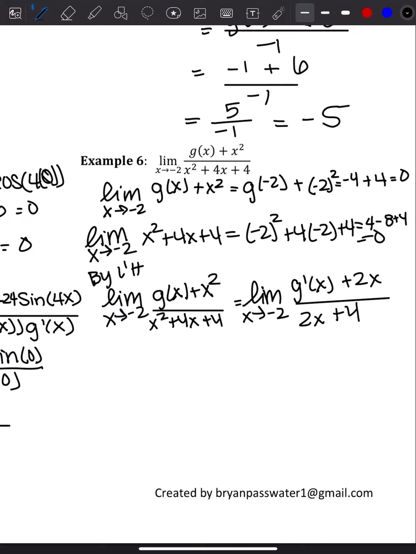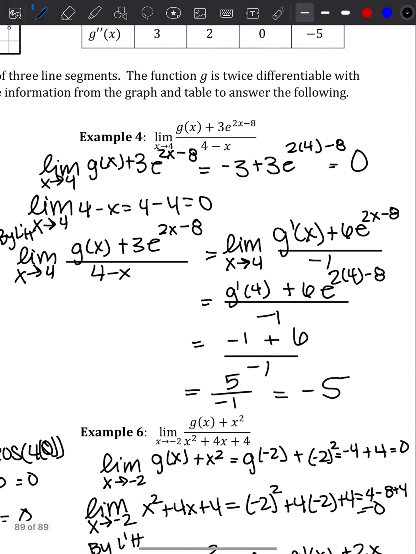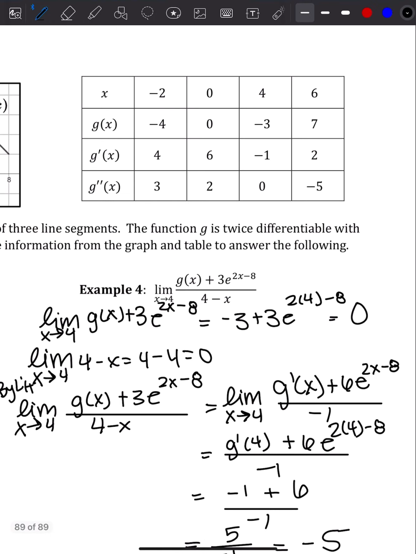So now we're going to go ahead and do this again. The one problem is that if I look at the denominator specifically, 2 times negative 2 is negative 4, so negative 4 plus 4 is 0. So the denominator does go to 0. So we're going to look at these again, g prime of negative 2, and we're going to add negative 4 to it. So g prime of negative 2 is 4.